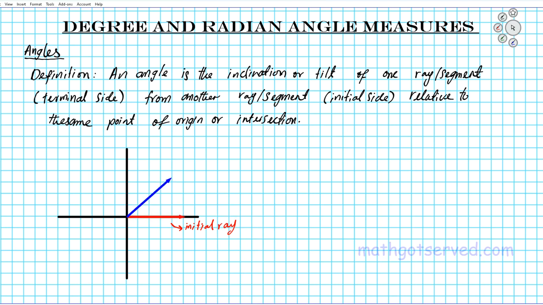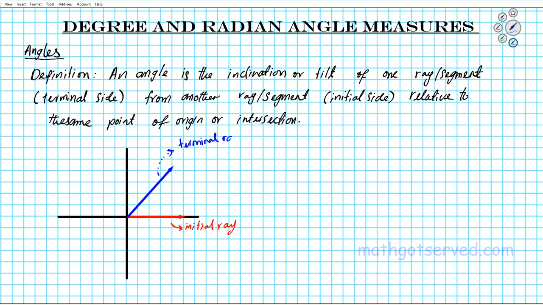You see what's happening right here? When you're rotating away, they have the same point of origin. This ray that is tilted or inclined from the initial ray, we can call the terminal ray.